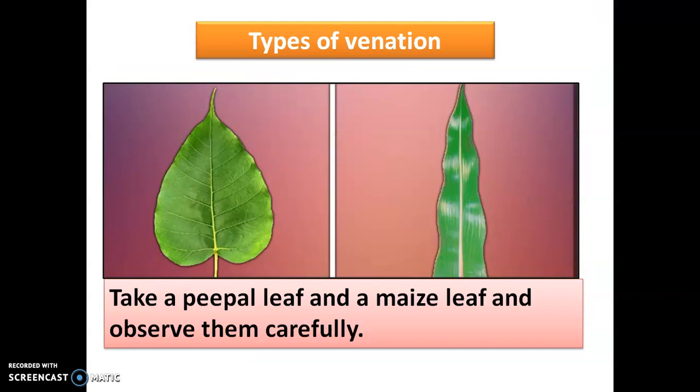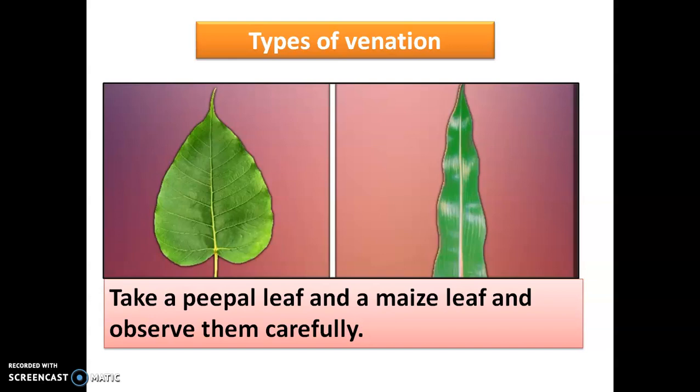Then next we study the type of venation. Now what is basically venation? You all know that in our body we have blood vessels. Blood vessels carry blood to various parts of the body. Now plants are also living things. Plants also require food, oxygen, water. What we have studied? Root absorbs water.